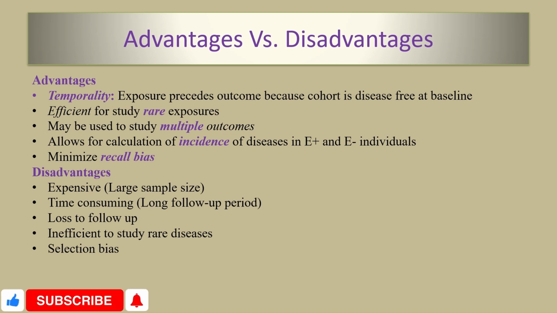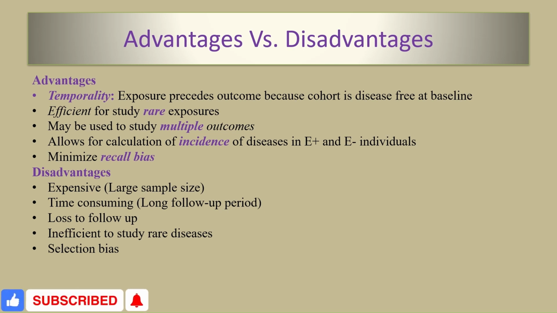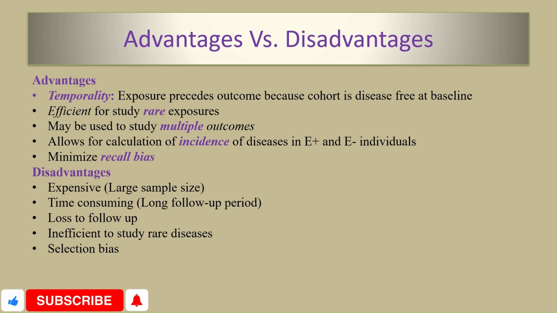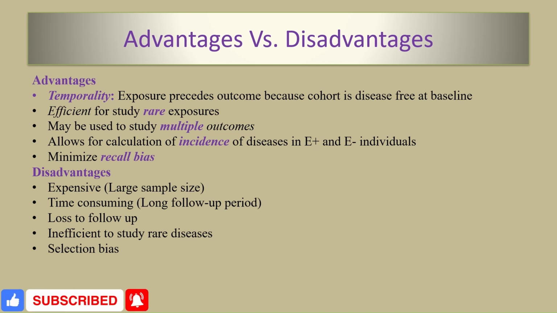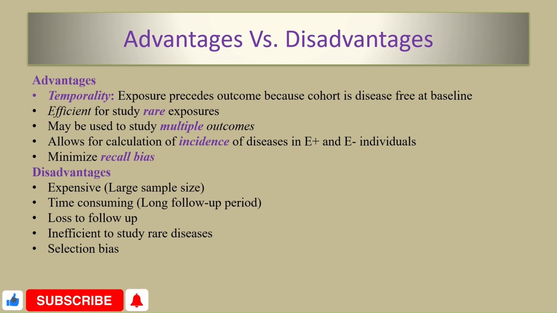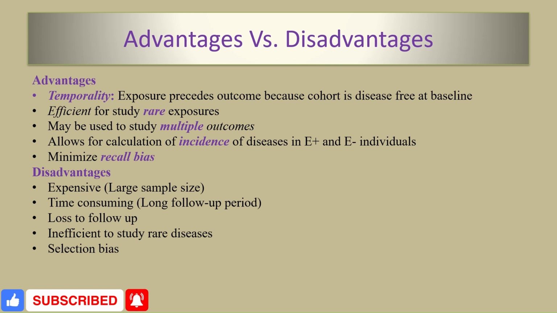Efficient for studying rare exposures, may be used to study multiple outcomes, allows for calculation of incidence of disease in exposure positive and exposure negative individuals, and minimizes recall bias. Disadvantages: expensive, time consuming, loss to follow up, insufficient to study rare disease, selection bias.